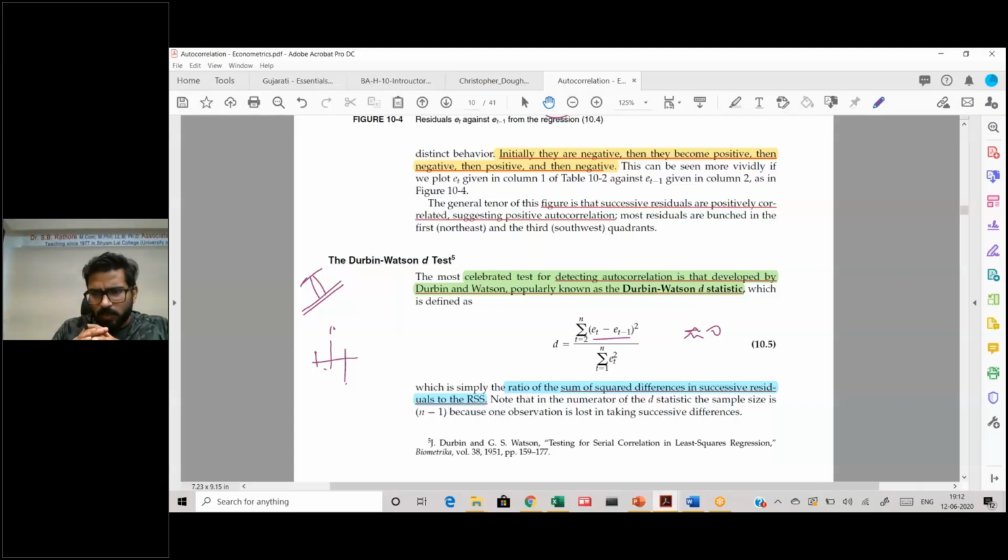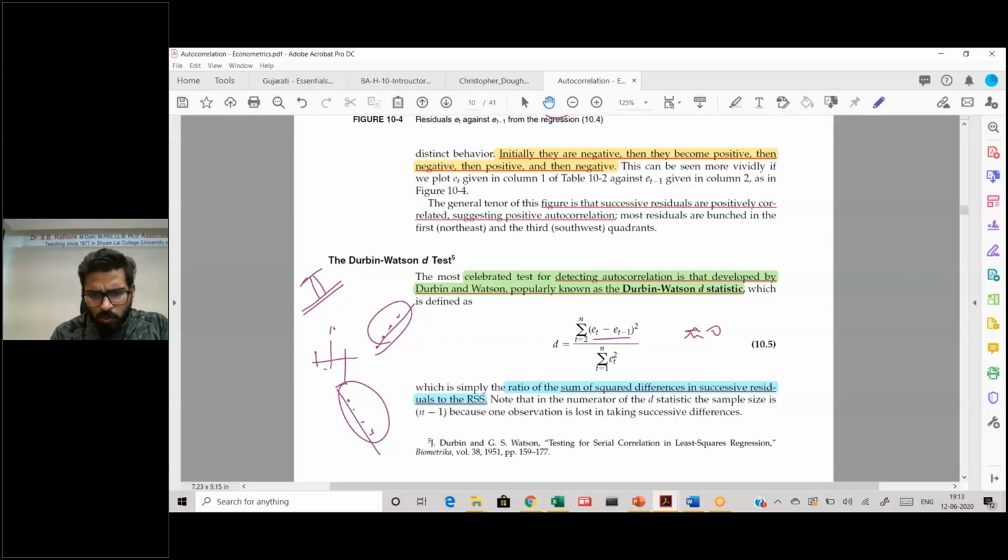However, if there is a certain kind of relationship, either the errors are positively related to each other, or they are negatively related to each other, then because of the square term, this will be a positive number, closer to 1.